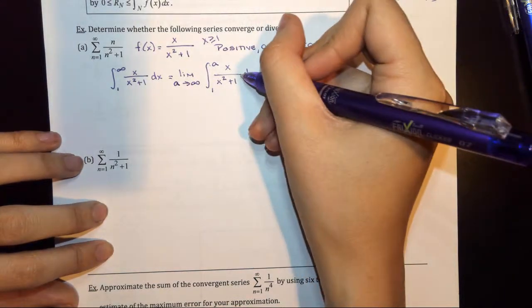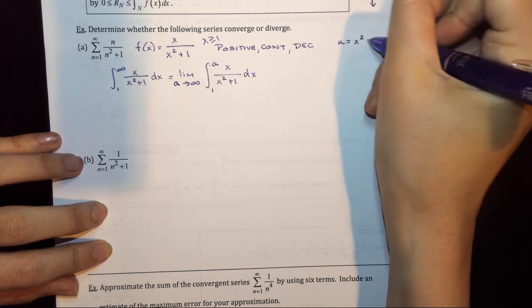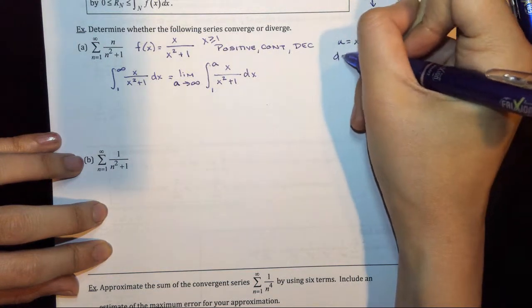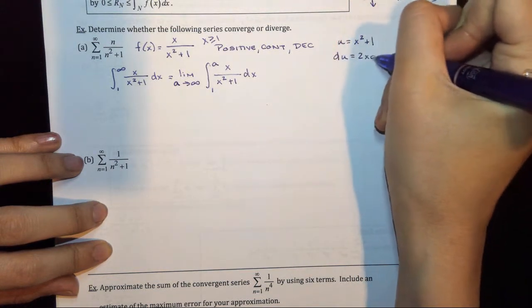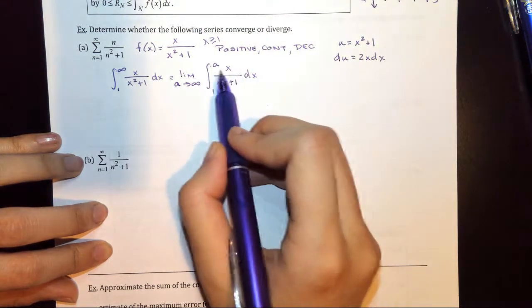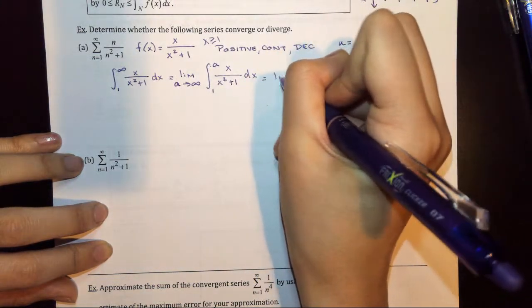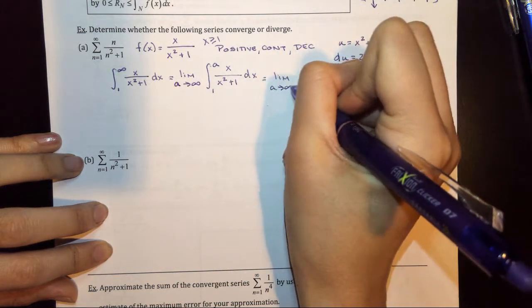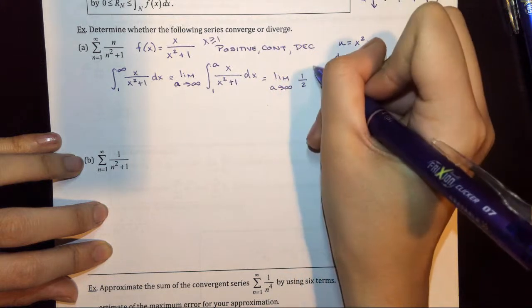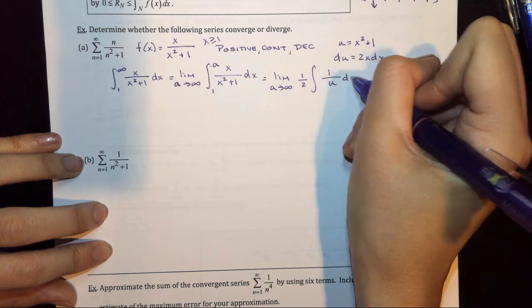Then I'm going to have to do u-substitution to solve this problem. So u equals x squared plus 1. du equals 2x dx. So that means that this x dx can cancel with that one, but for this 2, I pull out a 1/2. Integral of 1 over u du.